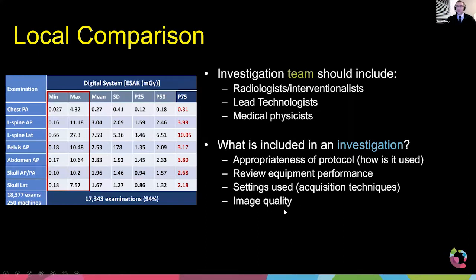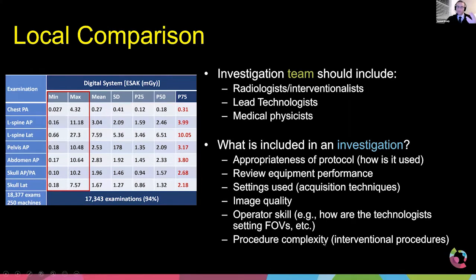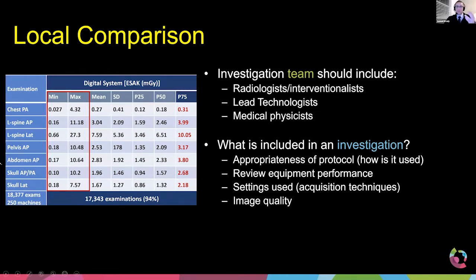And then, finally, not finally, but you should ask yourself, okay, if my dose level is at 4, an entrance skin air kerma of 4, what does the image quality look like? Most likely, the higher the dose, the image quality is usually pretty clean. It's going to be very low image noise.